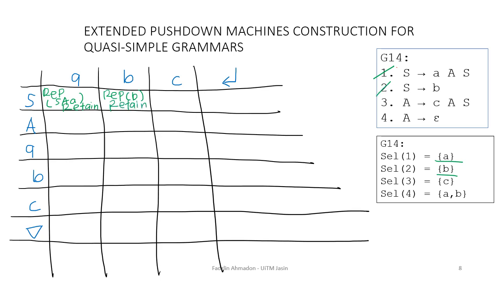Okay, this is done. For rule 3, the selection set is C. So for A intersect with C, it's going to be replace A C retain. Done. And for rule 4, the selection sets are A and B. So for A that intersects with A and also B, instead of writing replace epsilon retain, we fill it up with pop retain.